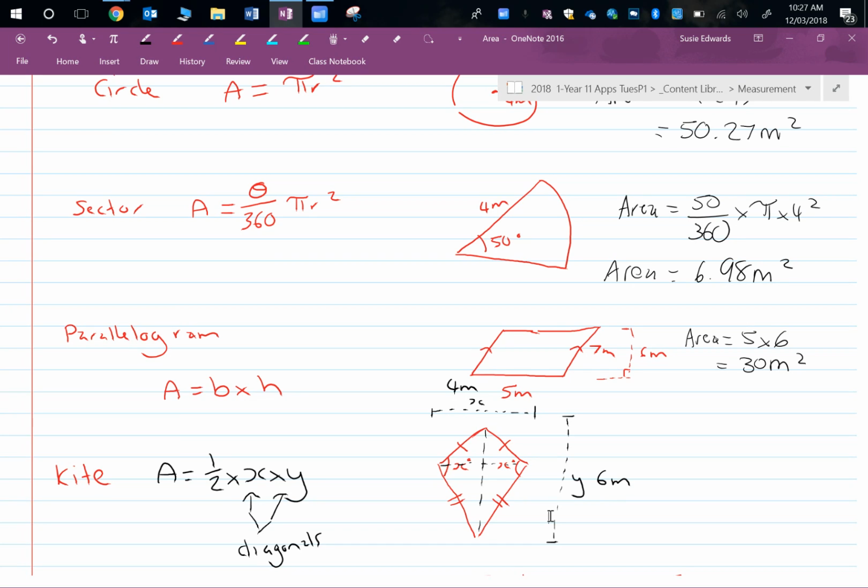So for this, our area is half times 6 times 4. So it's 12 square meters. Okay, so the diagonals are the distance across the shape.